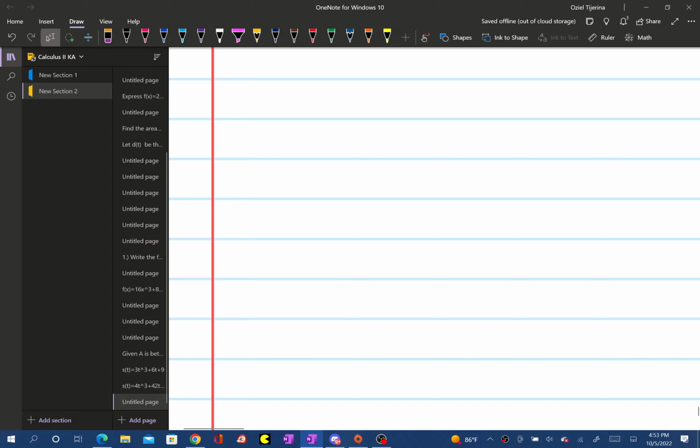I always forget what greatest common factor means. I think it means... I don't know if it's the T-chart, I can't remember.